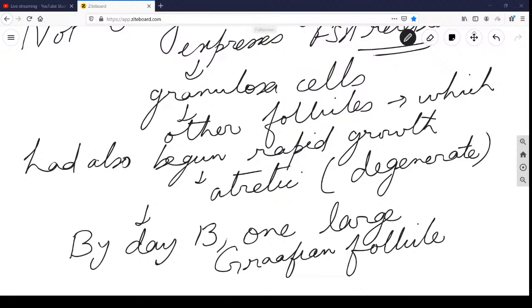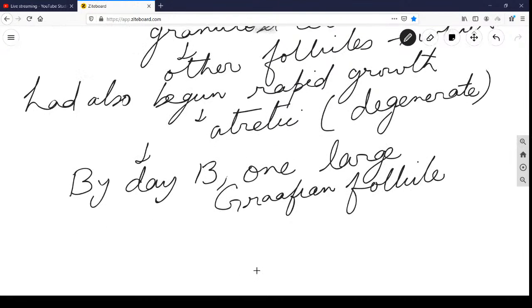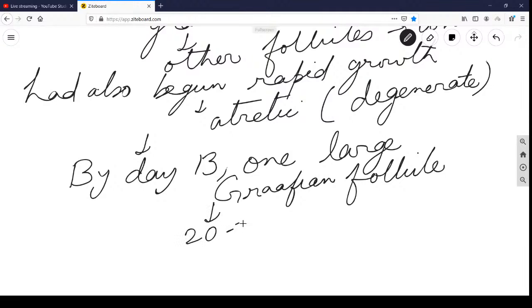The Graafian follicle reaches the diameter of 20 to 25 mm, and is present in only one ovary, because I had told you before also that there is a specific signaling pathway that regulates ovulation.